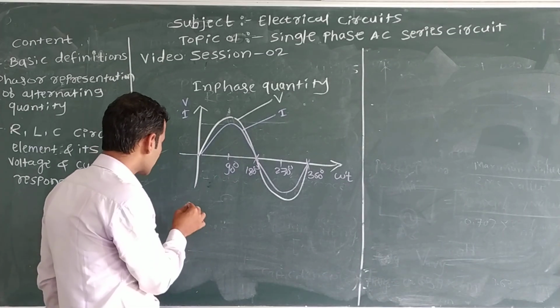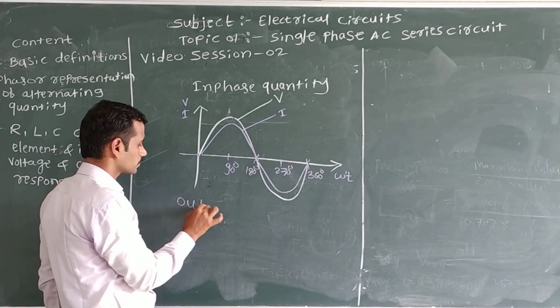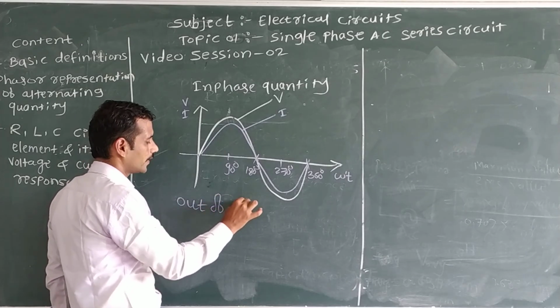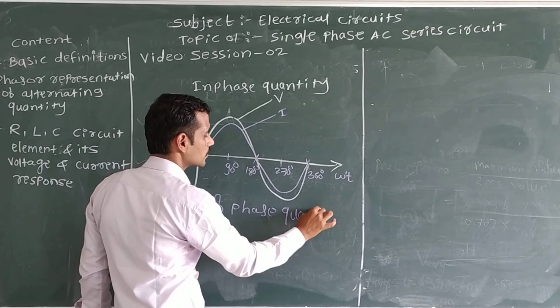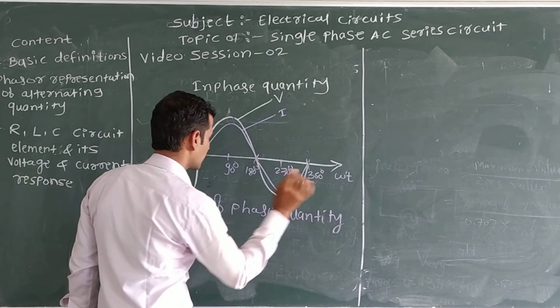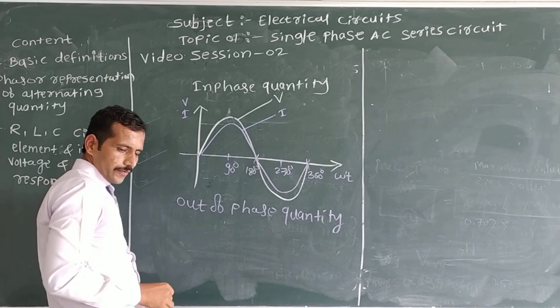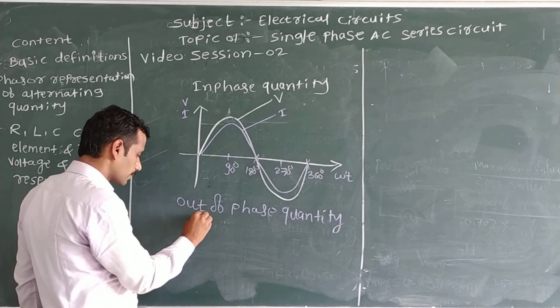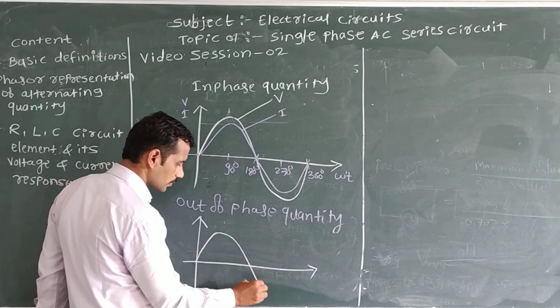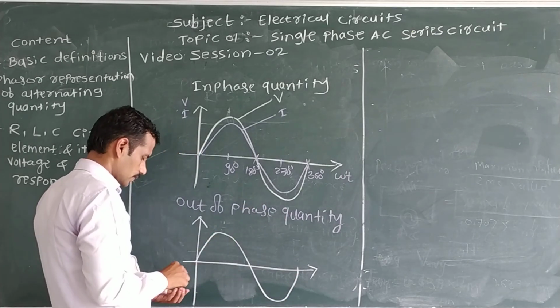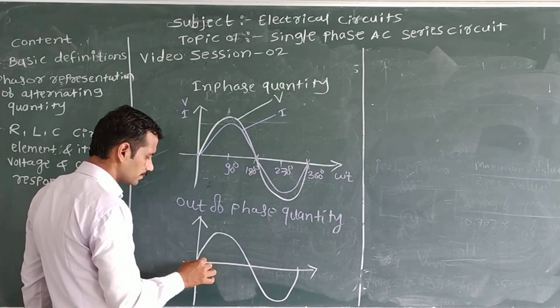Next, out of phase quantity. Here first we will draw voltage, second we will draw current.